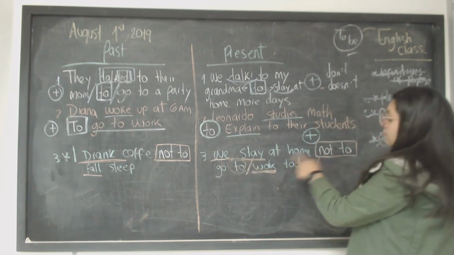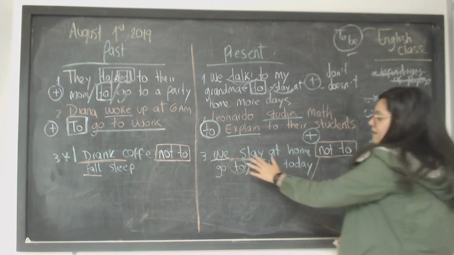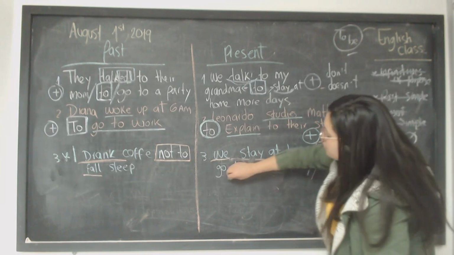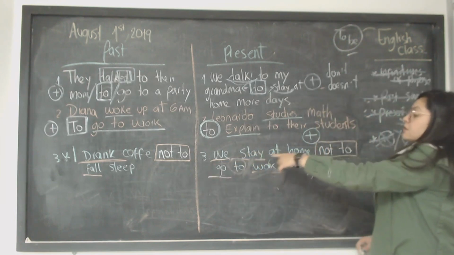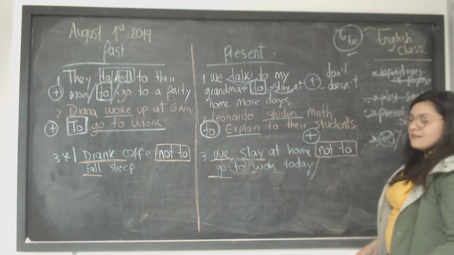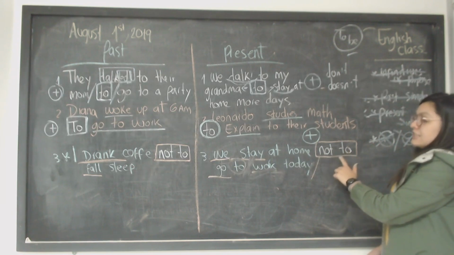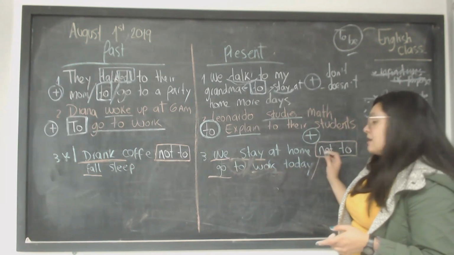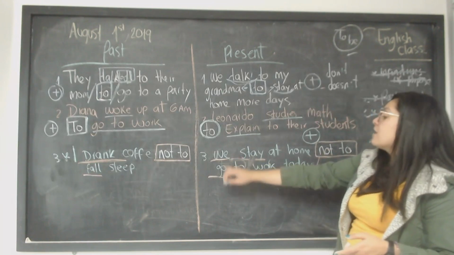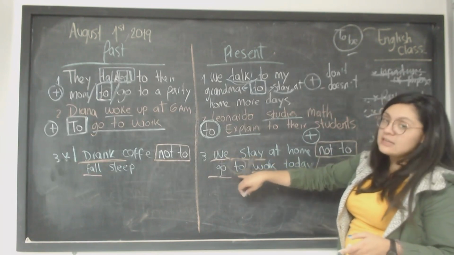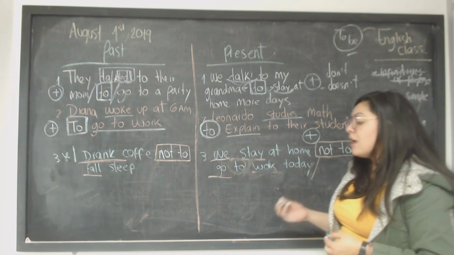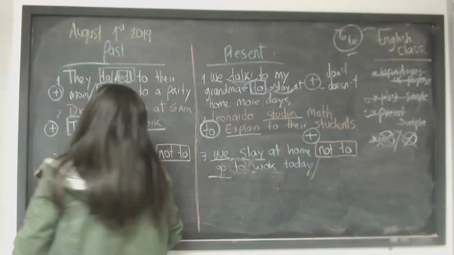Para no ir a trabajar hoy, okay? So the action is here, it's not work, it's go. Nosotros nos quedamos en la casa para no ir a trabajar. So it is a negative, but remember that the negative is not the verb, is not the action, is the purpose, okay? Entonces acuérdense que no es la acción la que es la negativa, sino el infinitive of purpose, el infinitivo de propósito, okay?